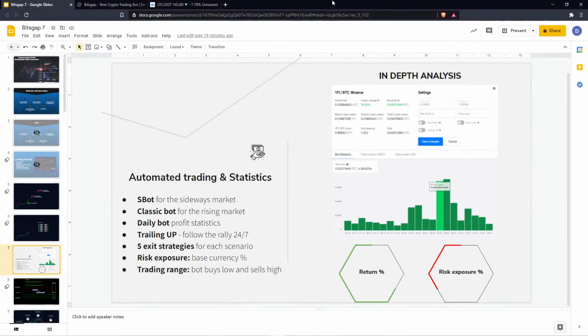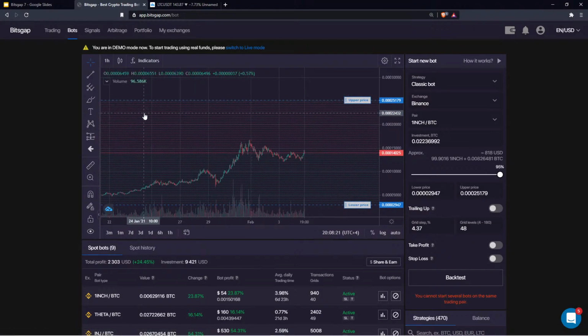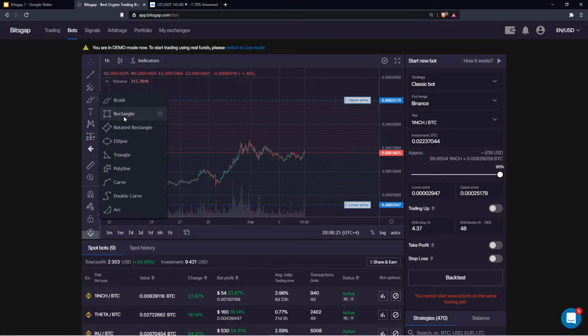So let's go to the platform. All you have to do here is you log in and then you go to the bot section. You have here the chart, and on the chart you can conduct your technical analysis. So all the tools are here at your disposal.